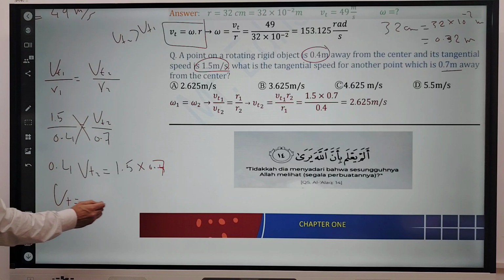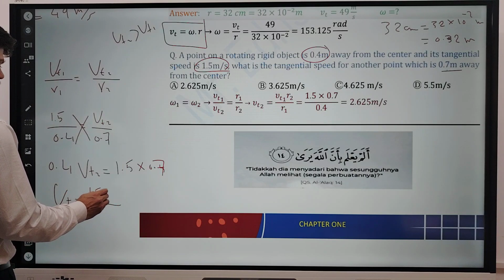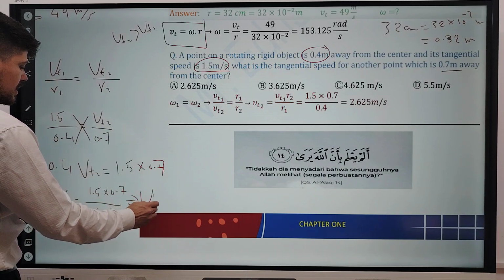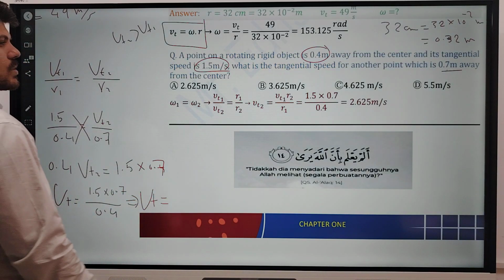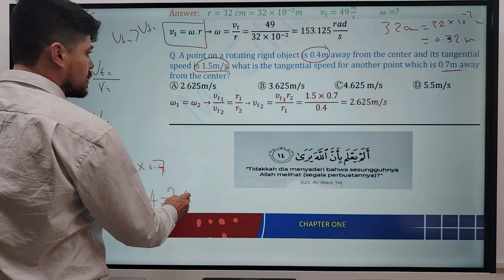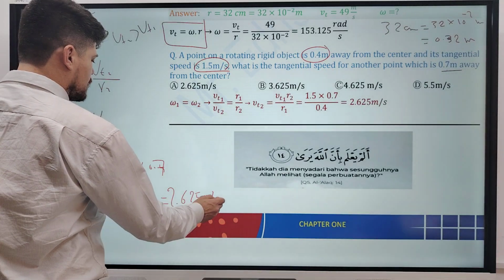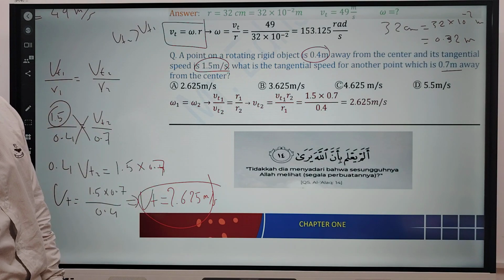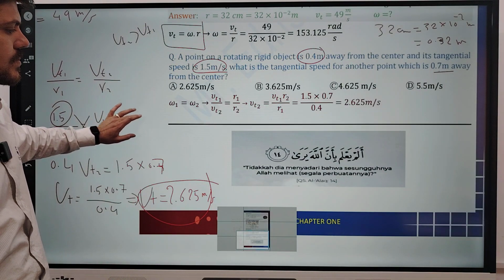So Vt2 is equal to what? 1.5 times 0.7 divided by 0.4, by calculator. Vt2 is equal to 2.625 meter per second, which is bigger than at point A.